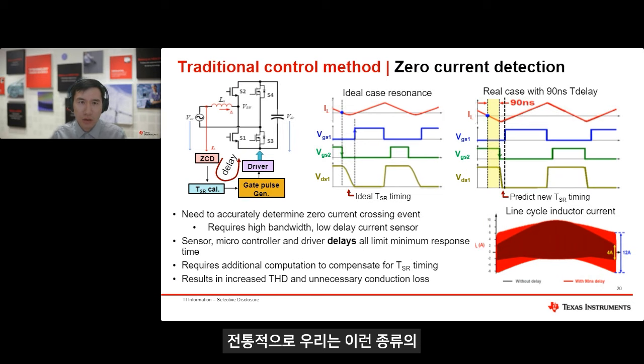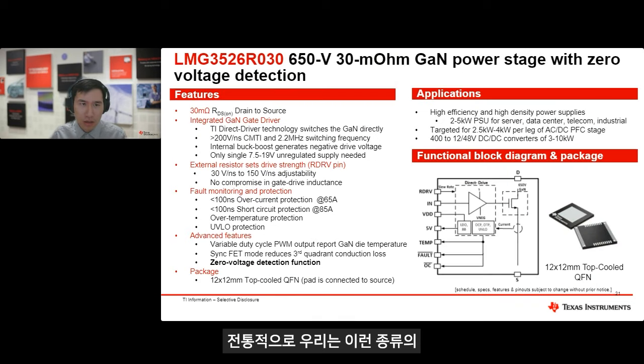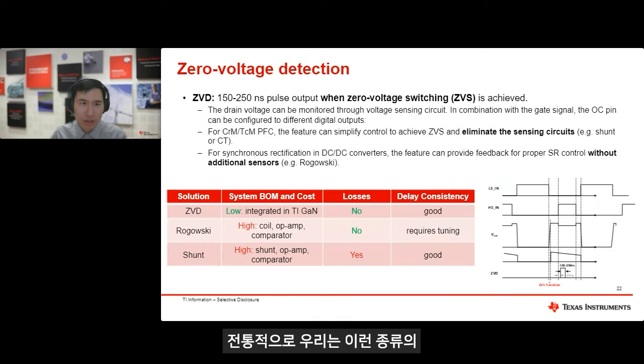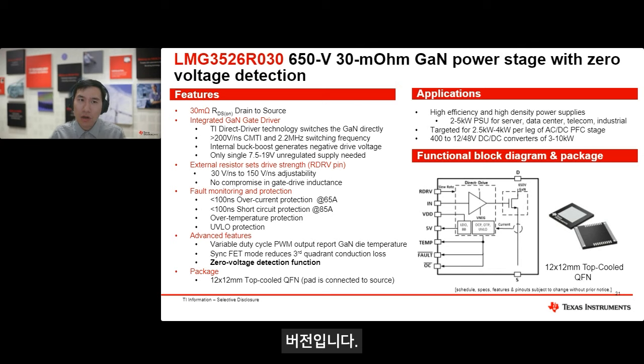Traditionally, we use a current transformer or shunt resistor to do this sensing, and it will introduce some delays and result in distortion. But for this reference design, we're using an advanced version of our device, this 3426 version. This is the ZVD function.